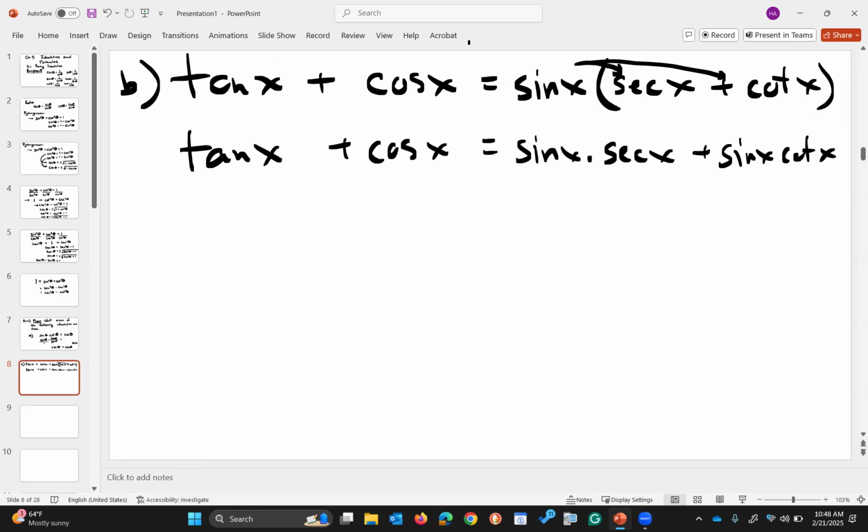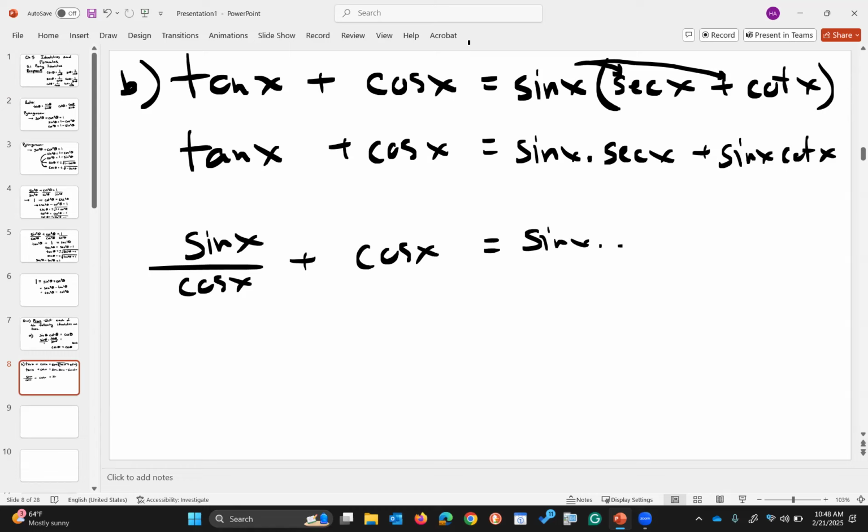So let's see what we got. Okay, yeah. Tangent is sine over cosine. There's that one. And cosine is just cosine, so that's cool there. This guy's going to be sine of x, and this is 1 over cosine. And this is sine and cotangent. Cotangent is cosine over sine. True, true, true.